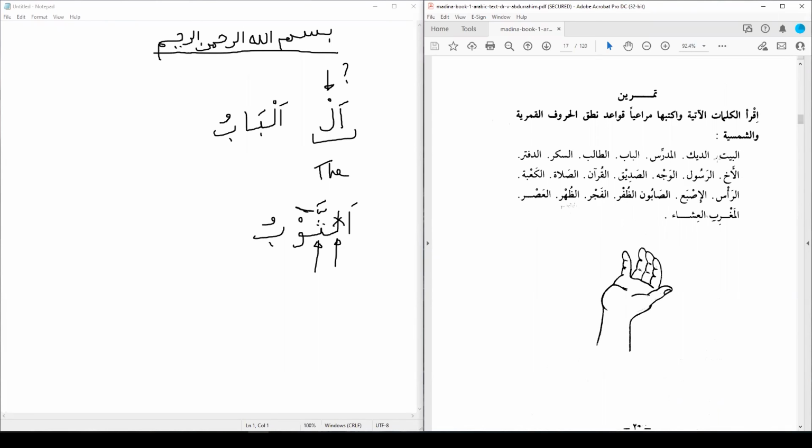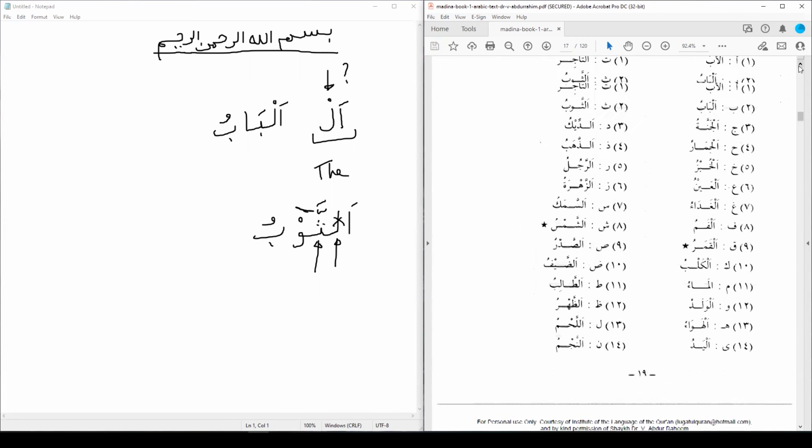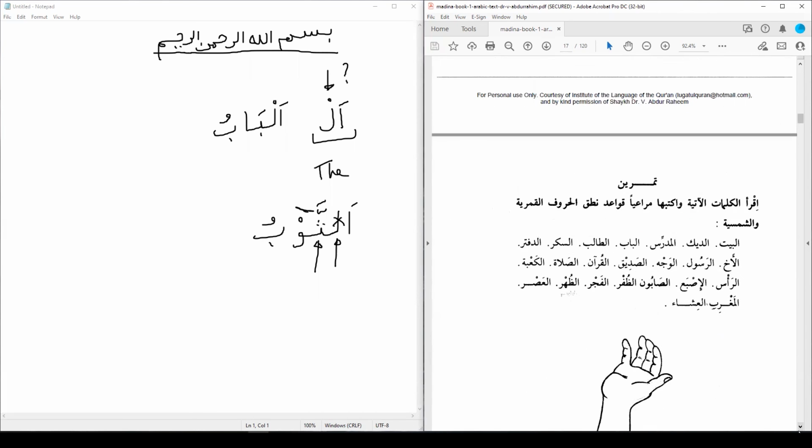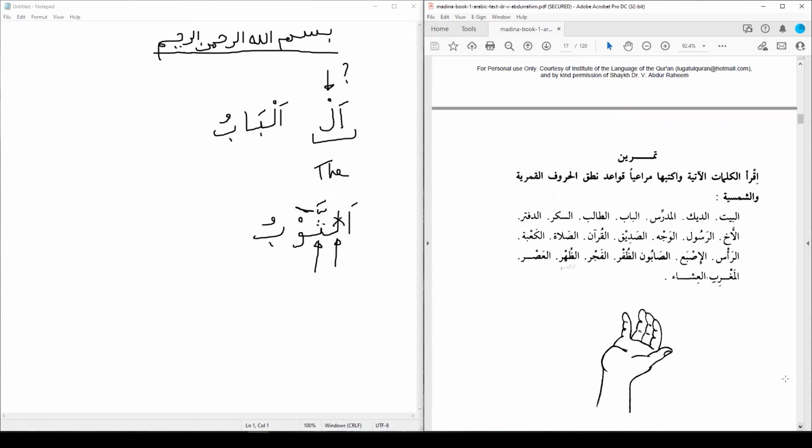Do I say al-baytu or do I say ab-baytu? If it's a moon letter, I will say al-baytu. If it's a sun letter, I would say ab-baytu. We can confirm on the previous page that ba is actually a moon letter. So therefore, I will pronounce the lam. So I'll say al-baytu. The same has to be done for the rest of these words.